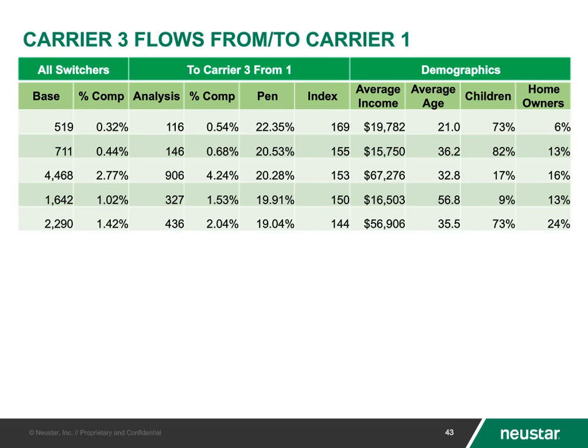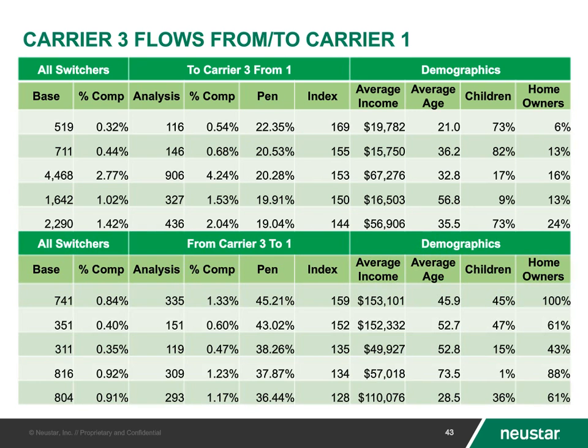And then the flip side, you can look at the other side to see who you're getting from Carrier 1. So with these flow type scenarios, the way you get this information is by tying data that you can collect about switching behavior back into an analytics framework that you can use to take action on that information.